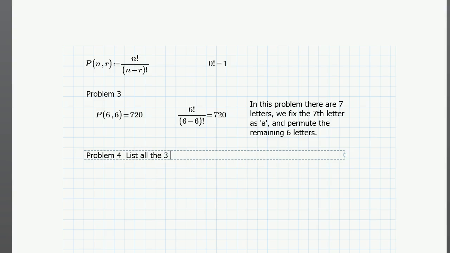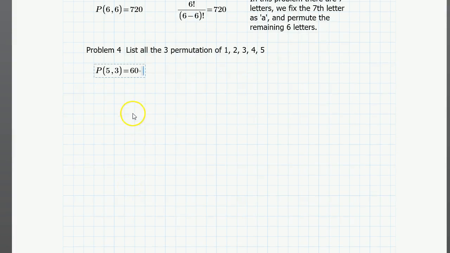List all the 3-permutations of 1, 2, 3, 4, 5. This is going to be fun, isn't it? This is going to be P(5, 3), so 60. Oh my goodness. Who signed this?